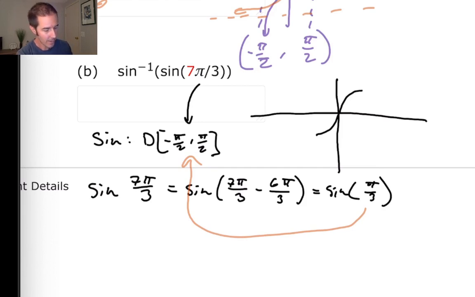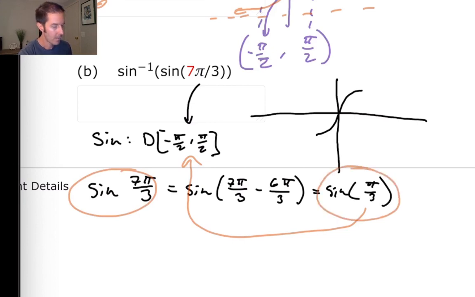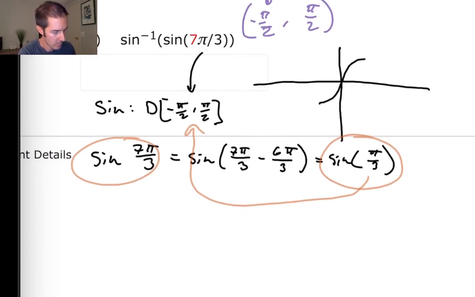Since the sine of 7 pi over 3 is equivalent to the sine of pi over 3, I'm going to rewrite the original question as the inverse sine of the sine of pi over 3.